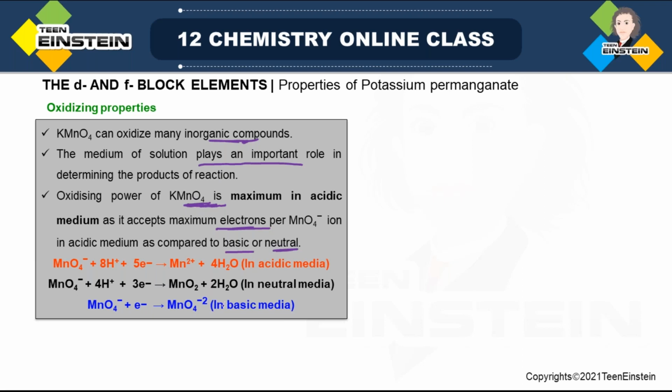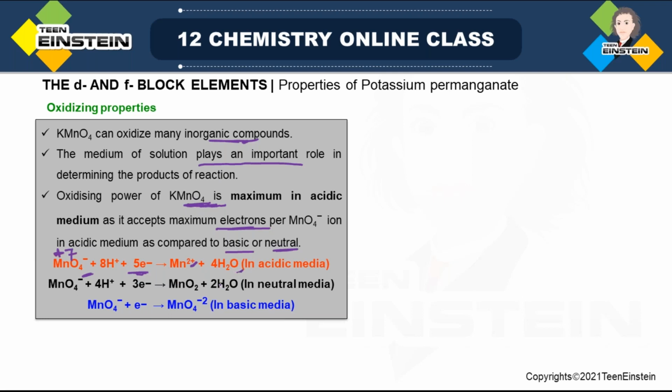So when it is acidic medium, MnO4 minus, here we have not mentioned potassium because that is not required. Just focus on this ionic equation. From +7 oxidation state, after reduction, that is gain of electron, because it is accepting electrons, now it is converted to +2. So from +7 to +2, obviously it is 5 electrons. And to balance oxygen on both sides, because on the left-hand side you have 4 oxygen, on the right-hand side how will you balance it?